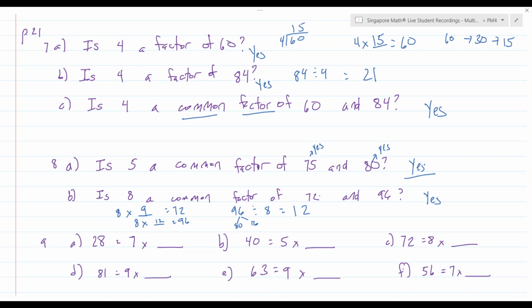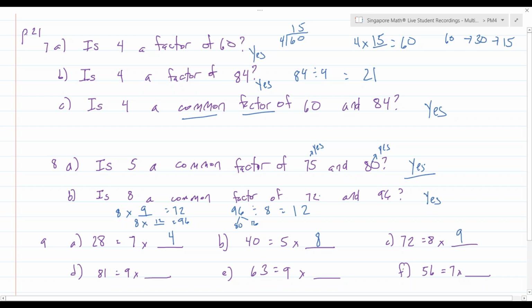Number 9 asks you to find the missing factors. 28 has factors of 7 and 4. Now that's not all of the factors, but the one that's missing according to the way they wrote this is 4. 40 is equal to 5 times 8. 72 is equal to 8 times 9. Do you see, if you know the multiplication numbers, this is very quick.